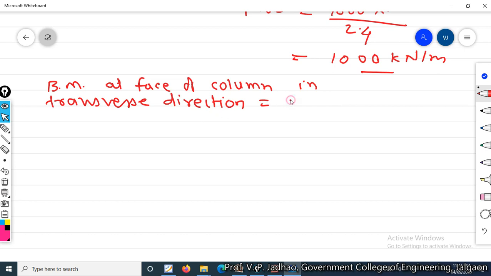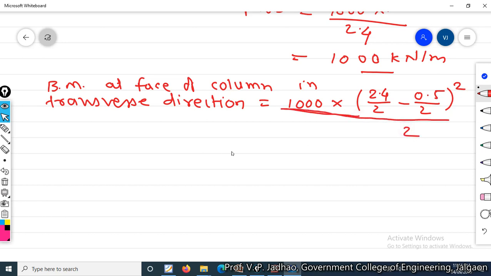So this comes out to be 1000 multiplied by (2.4 divided by 2, that is half the width of footing, minus half of the width of column) squared, divided by 2.